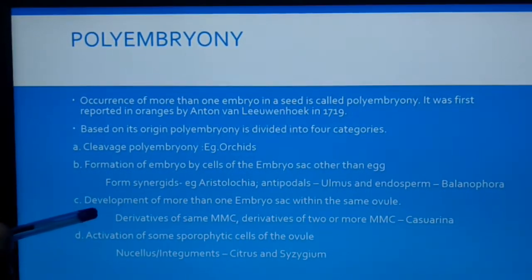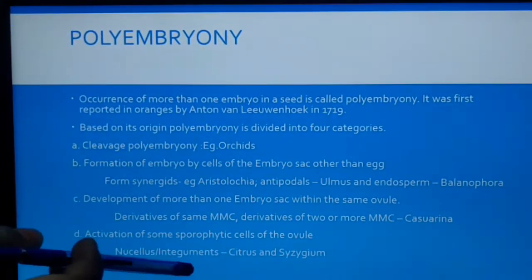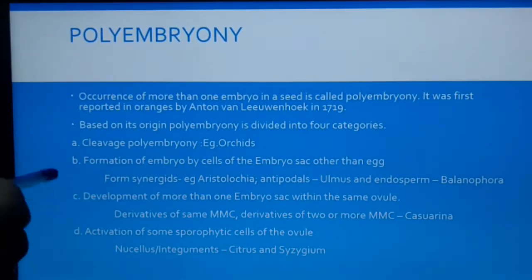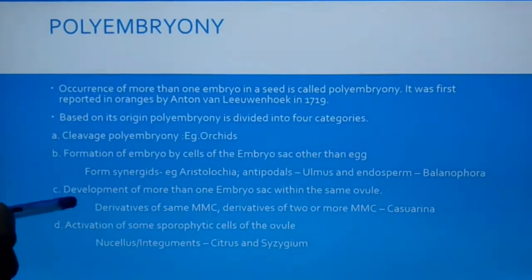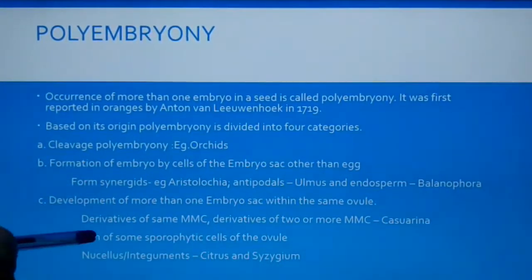The next category is development of more than one embryo sac within the same ovule. Normally, an ovule contains only one embryo sac, but in some cases, the development of more than one embryo sac within the same ovule occurs.